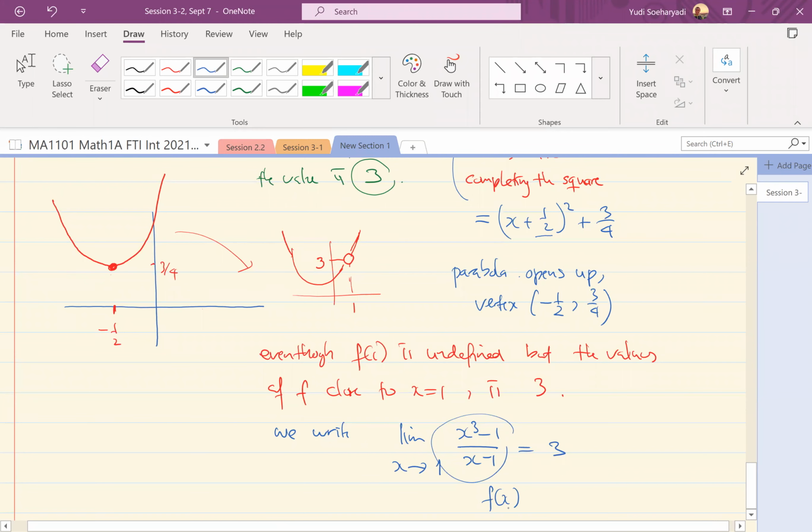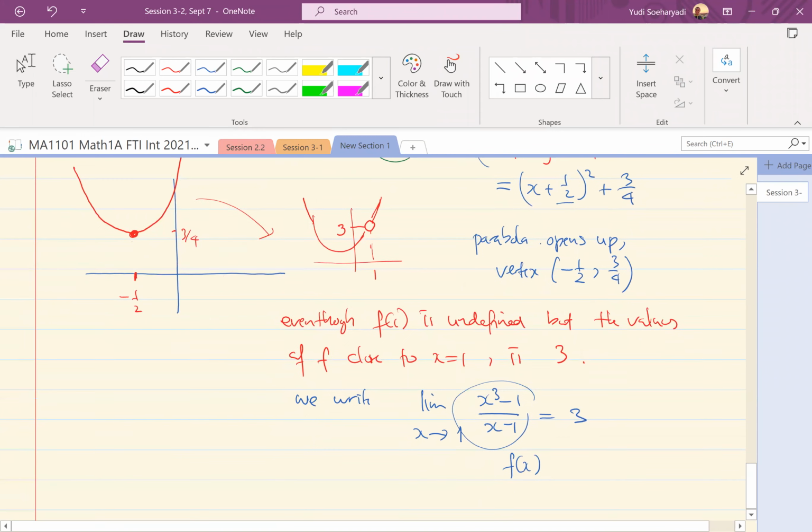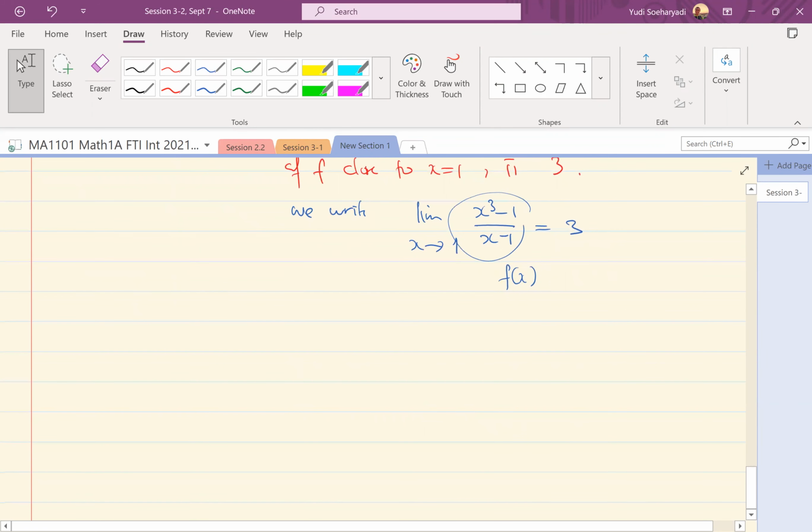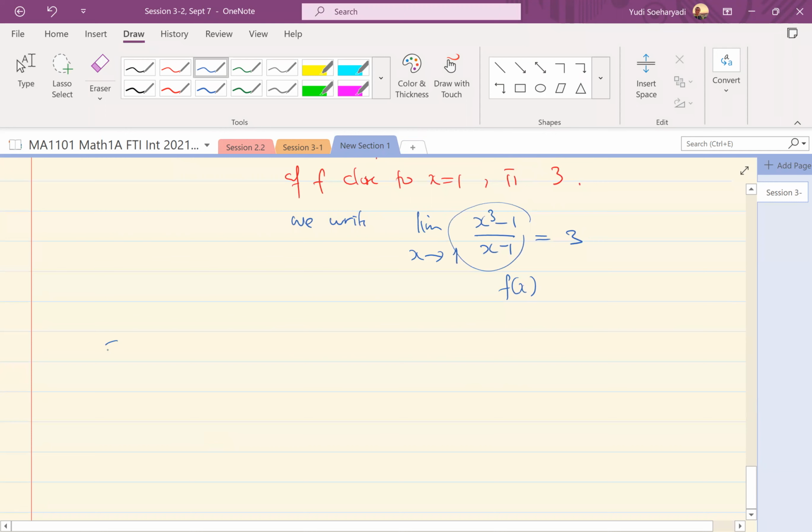Okay, so then that's what the limit is. Okay, and it's not always the case.